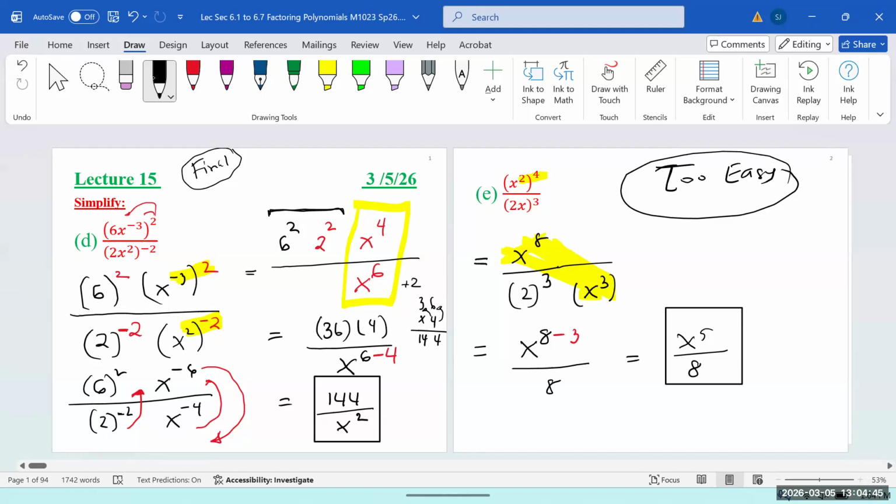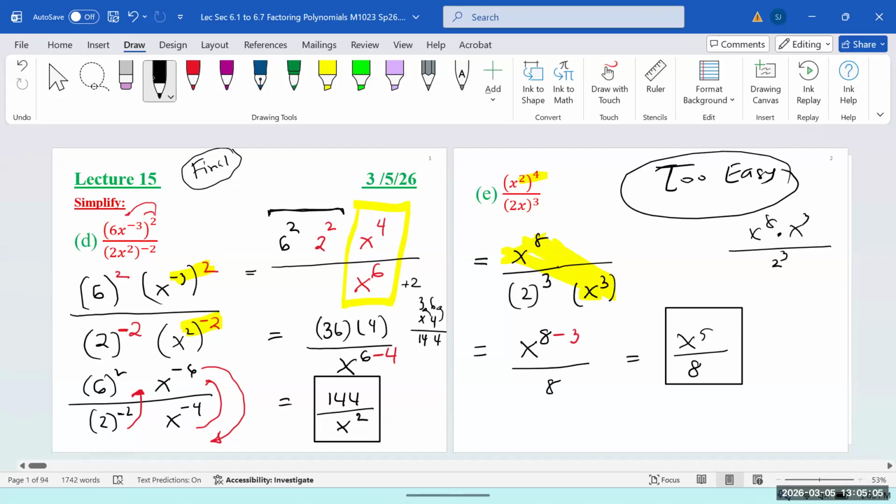Is there any chance the same variables could be on the bottom? If you have different variables, then you cannot combine them. And if you have the same variable in the same position, let's say you have x to the 8 times x to the 3 over, let's say, 2 cubed.